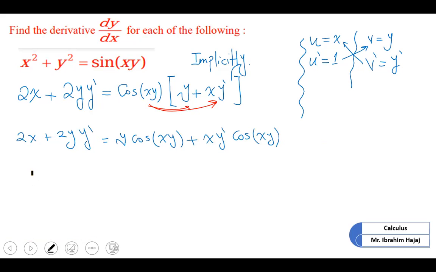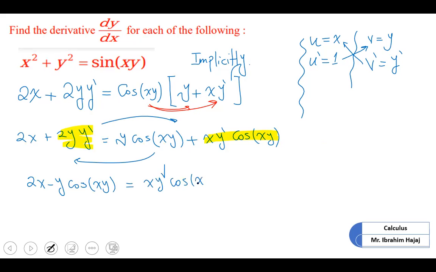Then, where are the terms including y prime? Here and here. Let's combine them on one side. So we have 2x minus y cosine xy is equal to x y prime cosine xy minus 2y y prime.